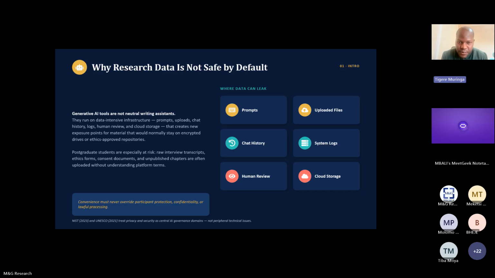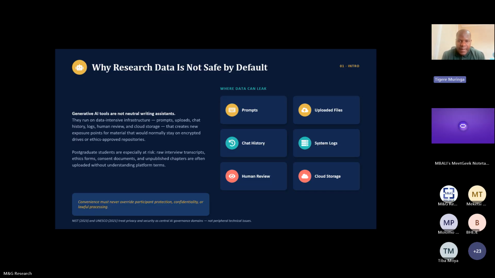The default setting is that the AI platforms do not offer the security that we need to protect our data. So when you are uploading or using your work on these platforms, as a researcher, you need to rethink data safety when using tools such as ChatGPT, Gemini, Claude, Copilot, and other AI platforms, right?